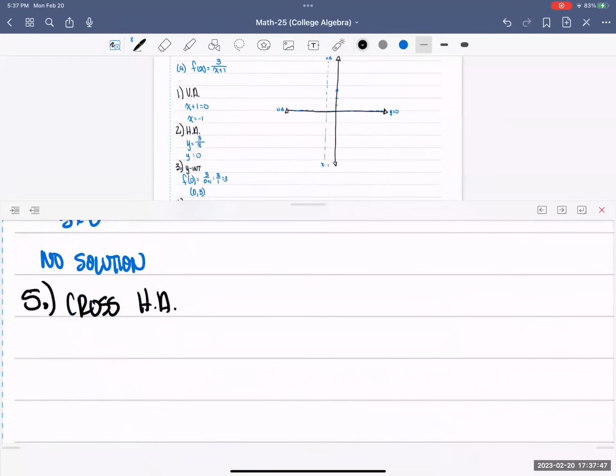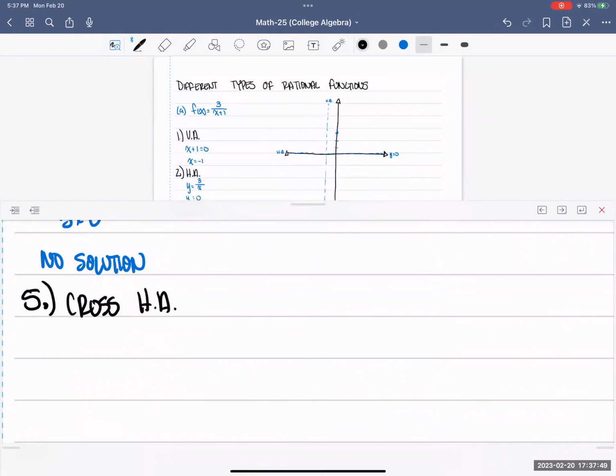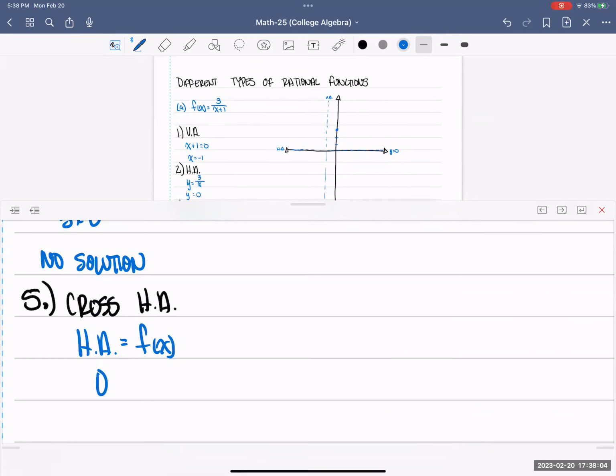Let's get it so we could see both of them. Horizontal asymptote equal to our function. Our horizontal asymptote we mentioned was y equals 0, and our function is 3 over x plus 1.